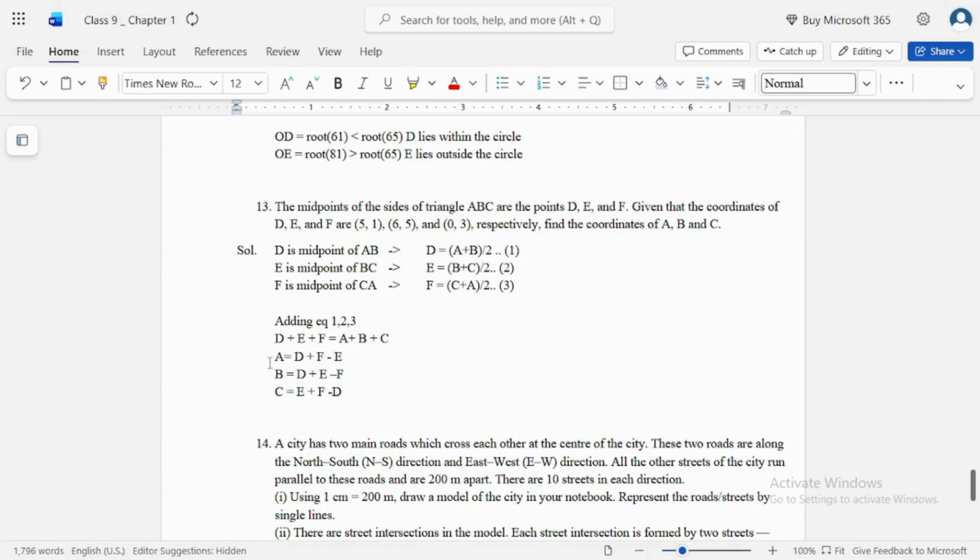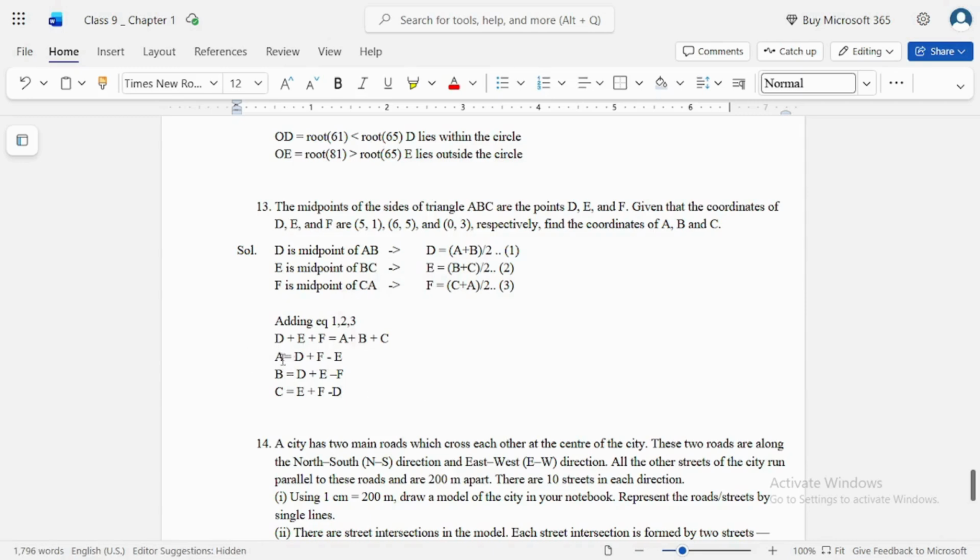To find A in relation to D, E, F, leave A as it is in this equation and just replace B plus C from equation number 2. What will be B plus C? It will be 2E, right? Now when you send 2E to the left hand side, what will it become? D plus E plus F minus 2E, which is D plus F minus E. Similarly you will get B and C as well.